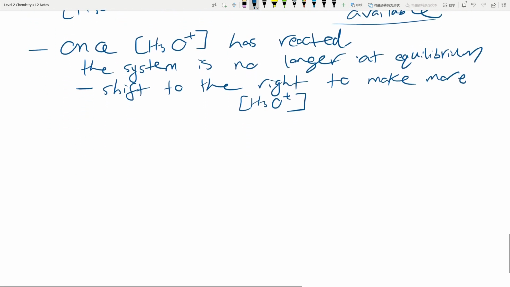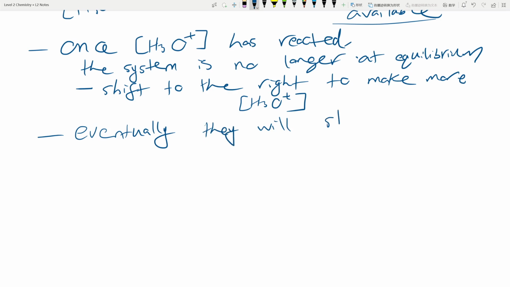Eventually, which will take a very long period of time, that's why they're horrible in terms of rates of reaction, they stop reacting, after this continuous cycle, because they run out of reactant.